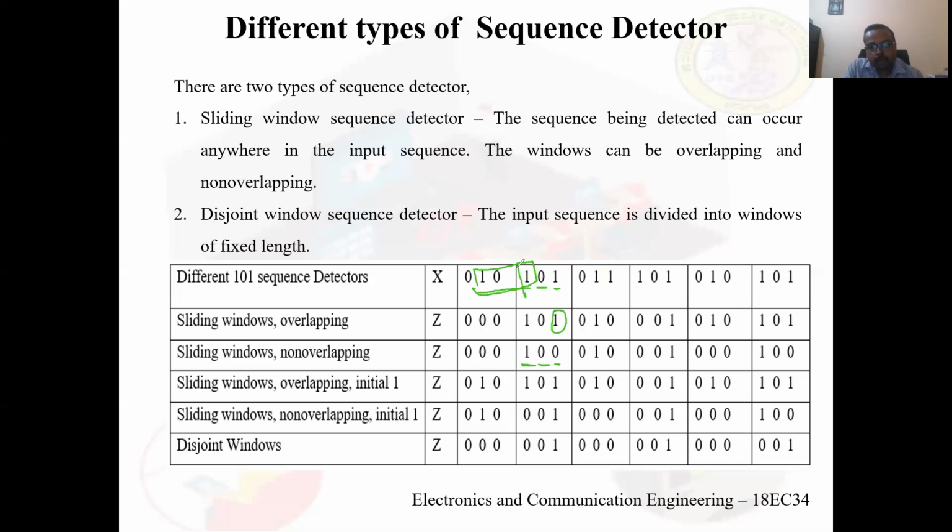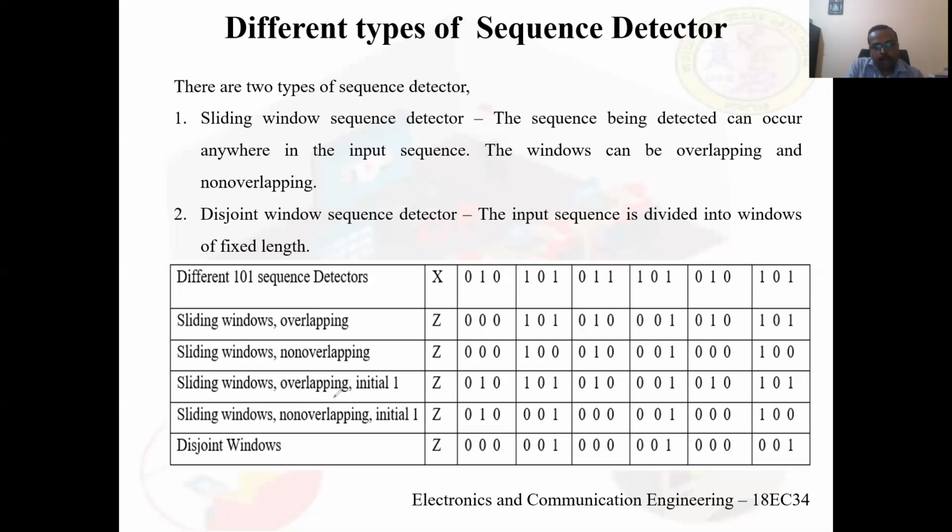The 1 is common to both of these input sequences. Similarly, we have 1 here, 0 1 0 and 1, so the output is equal to 0 here. And for non-overlapping input sequences, it will generate the output Z equal to 1. This we call a non-overlapping sliding window sequence.